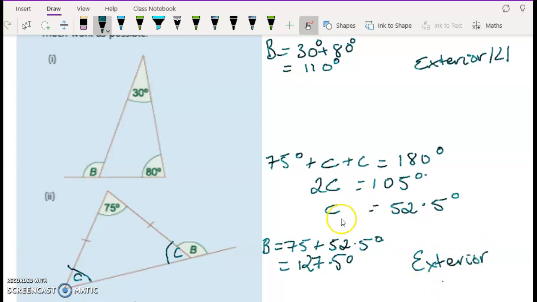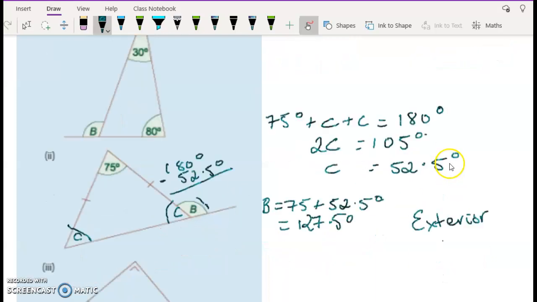Okay, now another way of doing this was you could have said that this angle here was 52.5 degrees, and this is a straight line, so you could have said 180 minus 52.5 and you get 127.5 degrees, so you get the same answer.